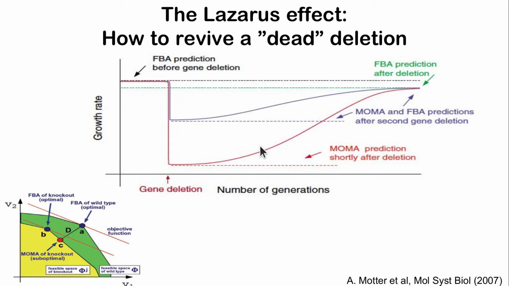So moving on, our next topic for today is what we call the Lazarus effect. And the Lazarus effect is quite unintuitive because in one way it's really directly contrary to the rules that govern ordinary FBA.